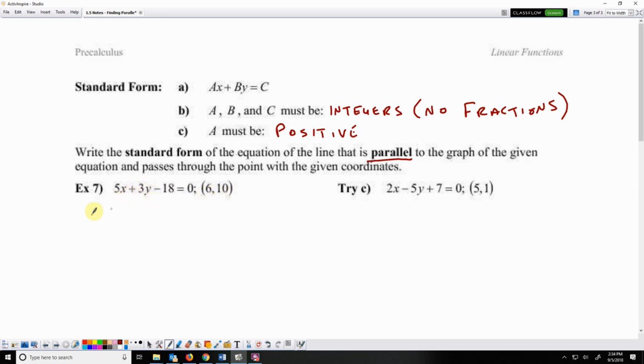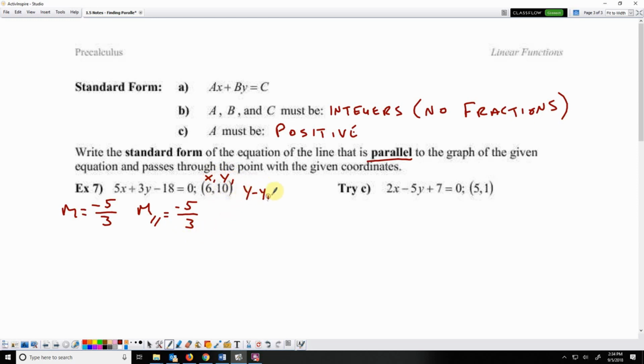So for this line, opposite of A over B is -5/3. So the slope of a parallel line is also -5/3. So the slope that I'm going to use is -5/3, and it has to pass through 6, 10, so that's an x1 and y1, and we're going to use point slope form.